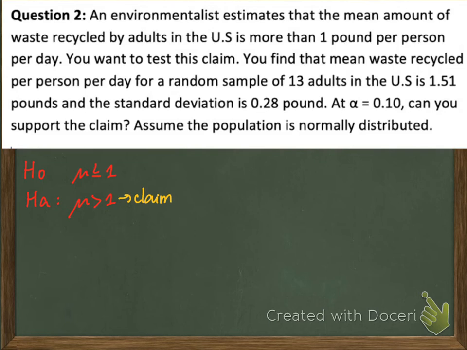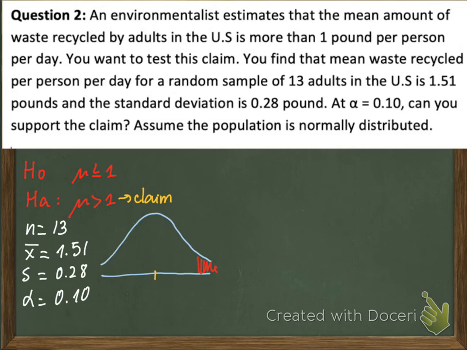So we came up with the hypothesis statements. Now, here is more information. First, the sample size is 13. Second, the sample mean is 1.51. Third, the sample standard deviation s equals 0.28 and alpha is 0.1. We know that the population is normally distributed.